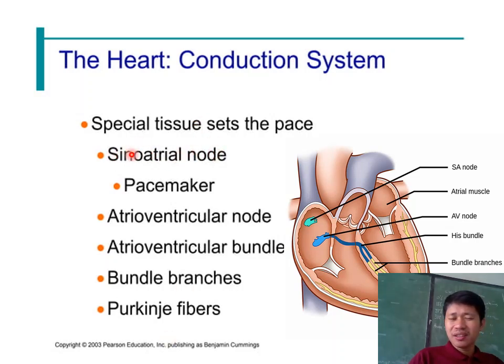The sinoatrial node is the pacemaker, just like the artificial pacemaker in some patients or people with heart problems. Other parts are the atrioventricular node, the atrioventricular bundle, the bundle branches, and the Purkinje fibers. You can see in this diagram, it is well labeled. All right, look at the next slide.